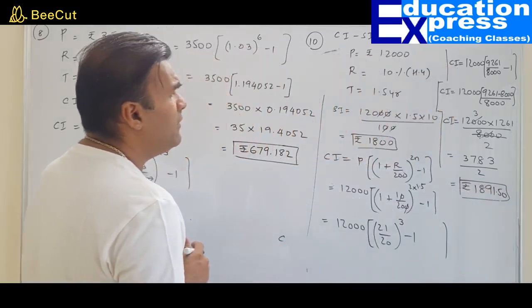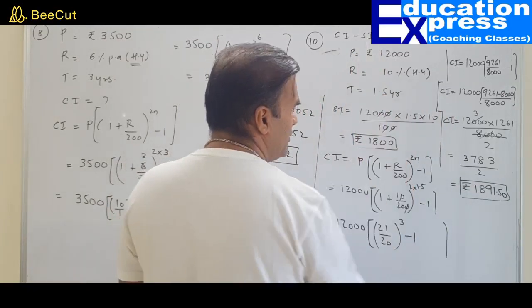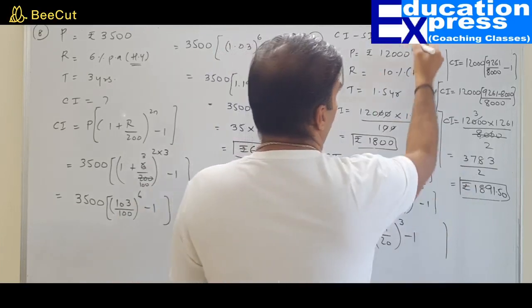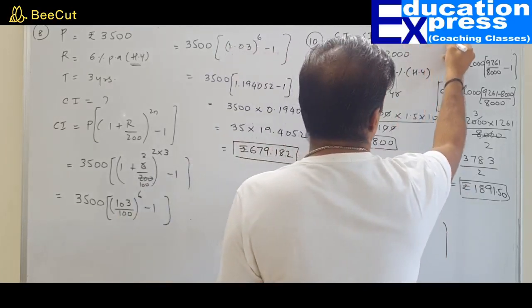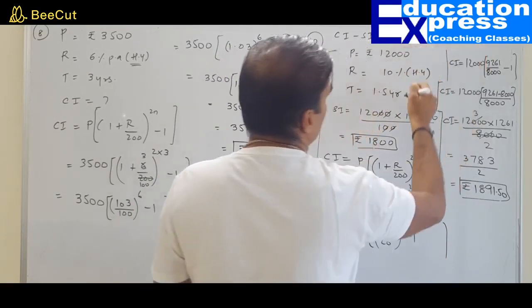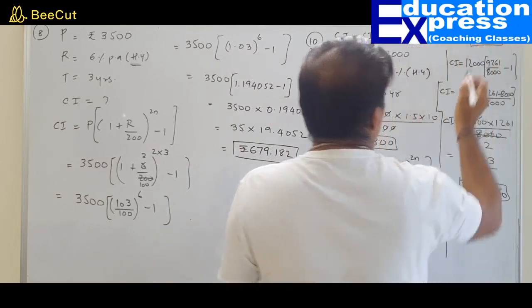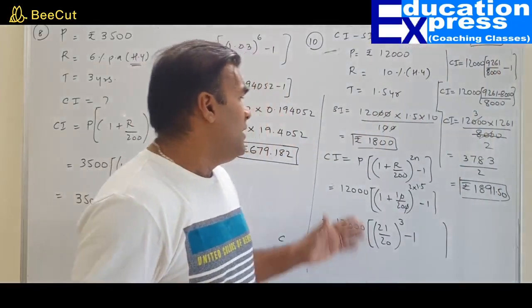What we have to find is the difference between the compound interest and the simple interest. Compound interest is 1891.50. Our simple interest is 1800. So the difference would be, sir, 91 rupees and 50 paise. 91 rupees and 50 paise would be the difference.